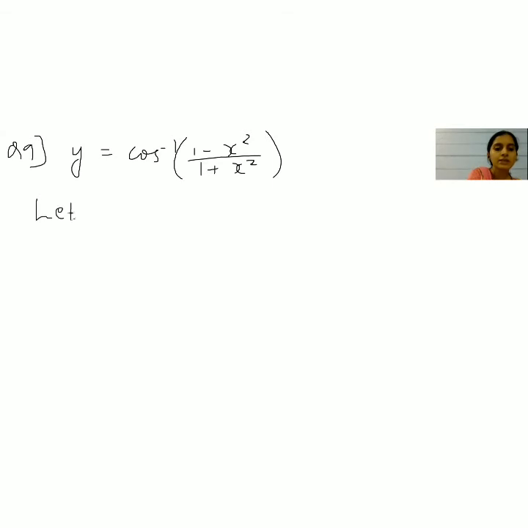We'll say let x equal to tan theta. Now when x is equal to tan theta, then theta is equal to what? Tan inverse of x. Okay, remember this. When you're substituting something, don't forget to write its inverse function.